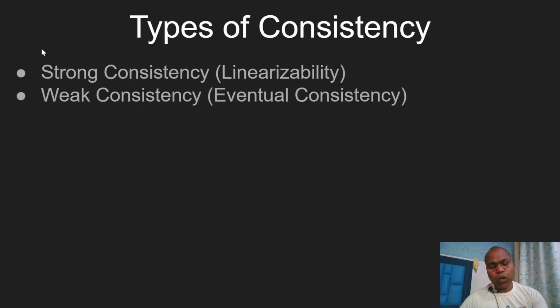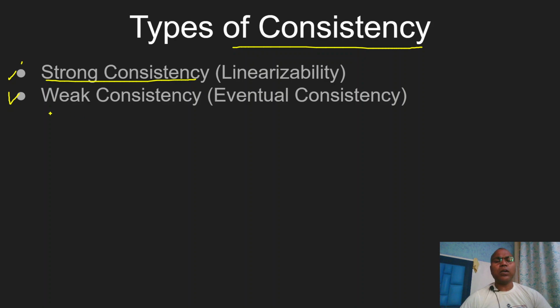Generally, if you look at types of consistency, if you search on Google you can find dozens of types. But I'm not going to talk about all of those. I prefer to talk about these two points: strong consistency and weak consistency.